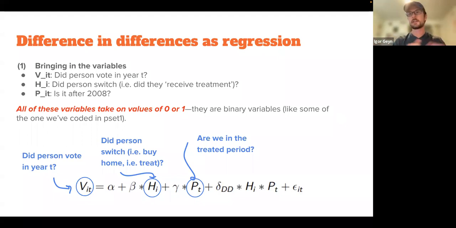P, conversely, is an indicator for whether you're in the before or the after period, right? And so in Hall and Yoder, right, they looked at whether home ownership changed. They looked at whether a particular year, right, had an impact in terms of assigning people to home buying treatment or not.